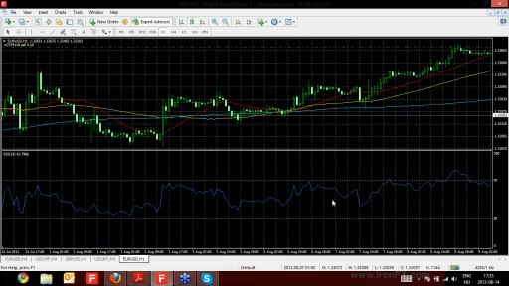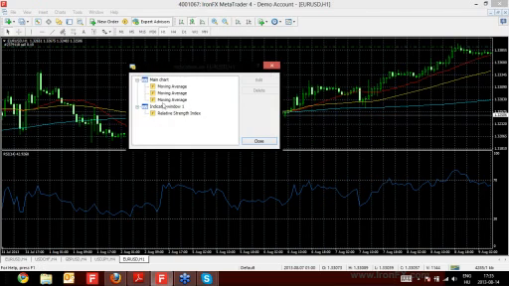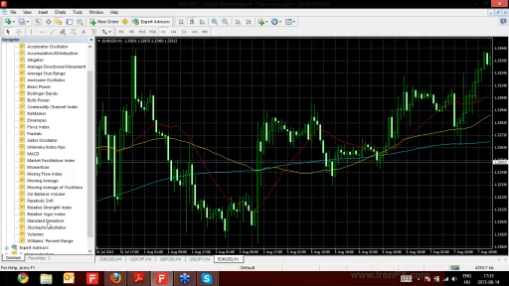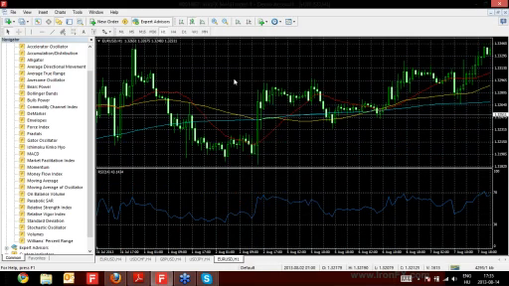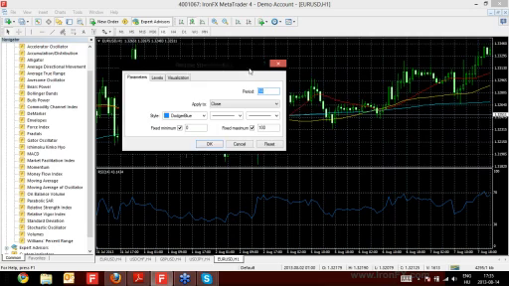Also, there are traders who are using, I just want to show you, the relative strength index. We go, oops, I just deleted it. Relative strength again. So here we go, edit.